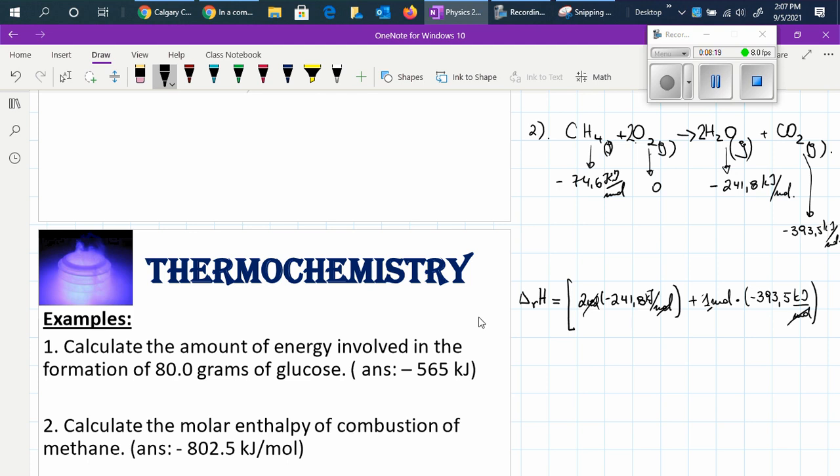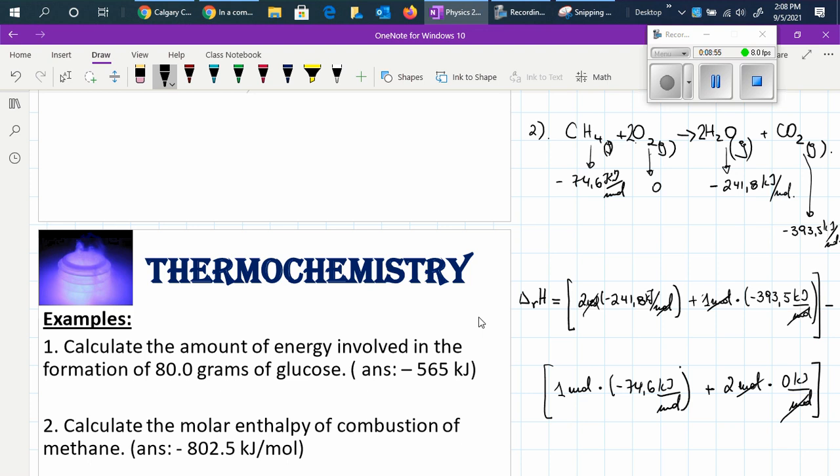Moles and moles cancel out again. Minus, this is everything related to the products, minus 1 mole of methane times negative 74.6 kilojoules per mole of methane, plus 2 moles of oxygen times 0 kilojoules per mole of oxygen. So moles and moles cancel out.